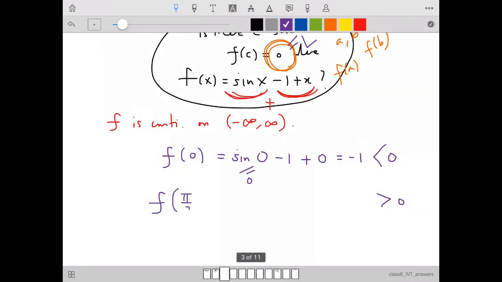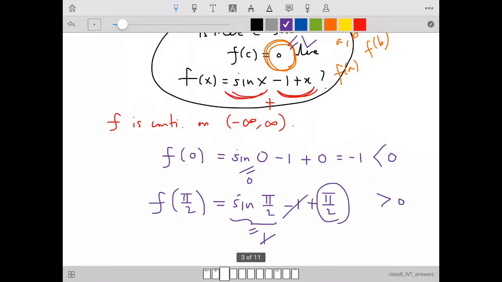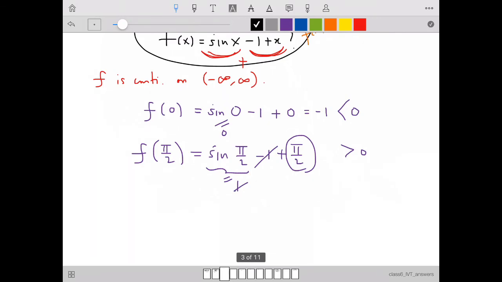If I plug in pi over 2, then I get sine pi over 2 minus 1 plus pi over 2. And sine pi over 2 is 1, so it cancels out. I get pi over 2, which is bigger than 0. Right? So if I draw a rough graph, at 0 my value is something less than 0, and at pi over 2, something bigger than 0.